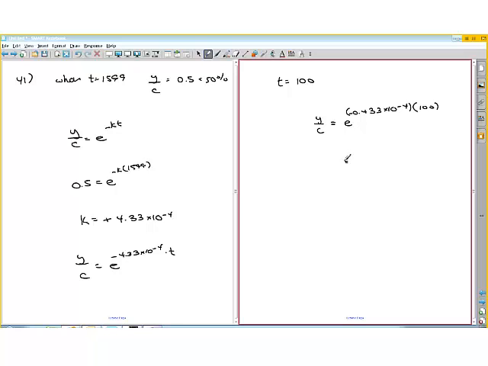And so we get 0.9957. To get the percentage, all you do is multiply by 100. So the percentage equivalent is 99.57%.